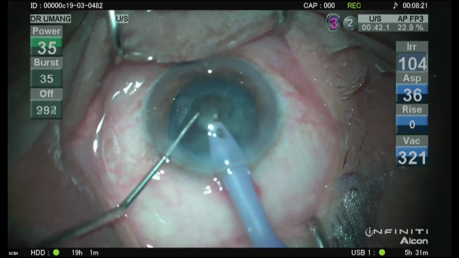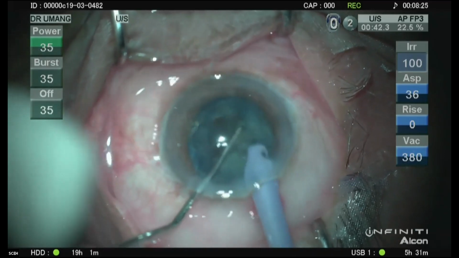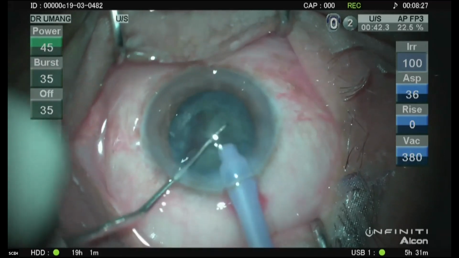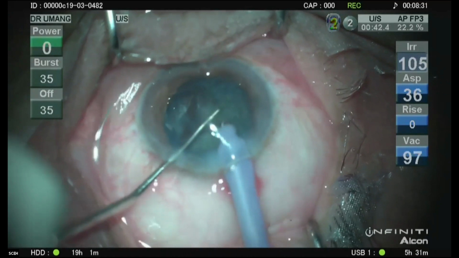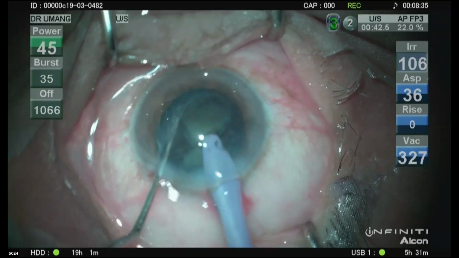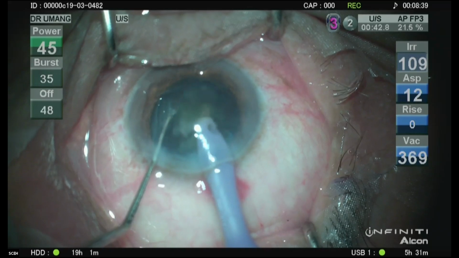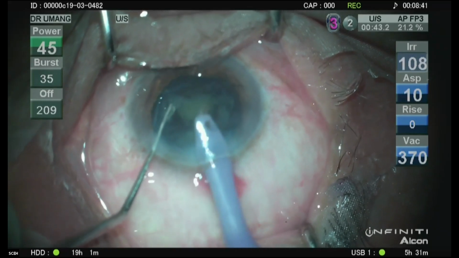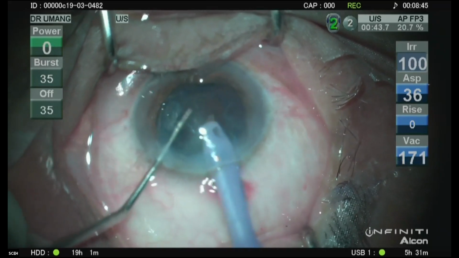Can you increase the power a little? Increase. So this is, I'm not pressing completely. As I press more, I can get more linear.